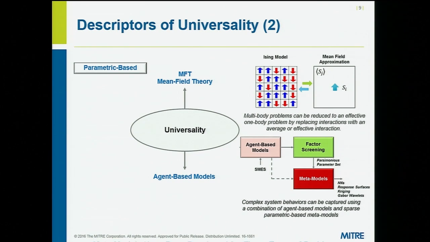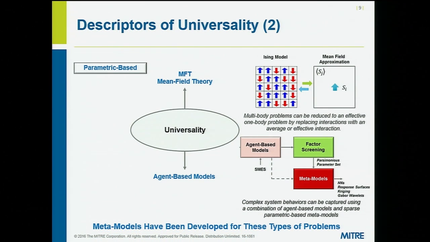The other point is the use of agent-based models, and we do a lot of work in agent-based modeling. But what we do is we add a little of our own secret sauce to this by adding meta-models to this that actually understand what the functional relationships are between the input and output of these models, so we can build very parsimonious models to understand what the functional relationships should be.